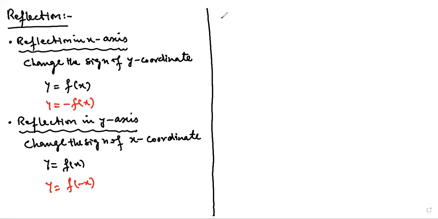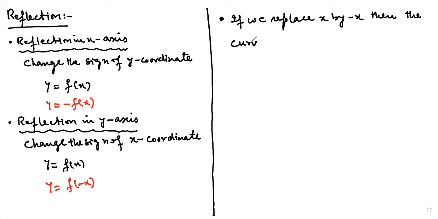Number one, if in any curve, if we replace x by minus x, then the curve is symmetrical about y-axis.